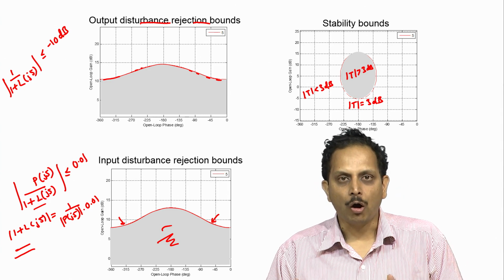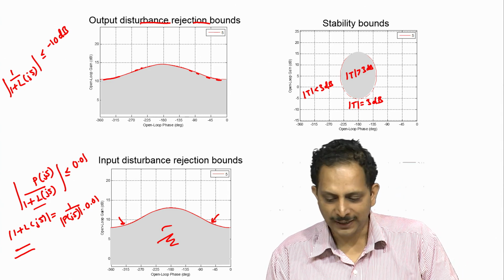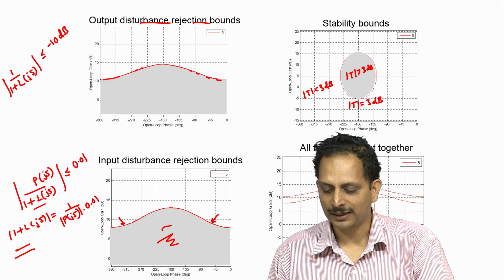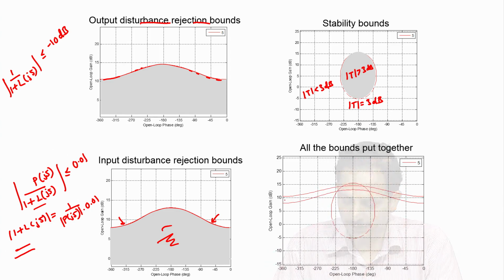If we put all these bounds together, we get a graph that looks something like this. The first curve here corresponds to the output disturbance rejection bound.